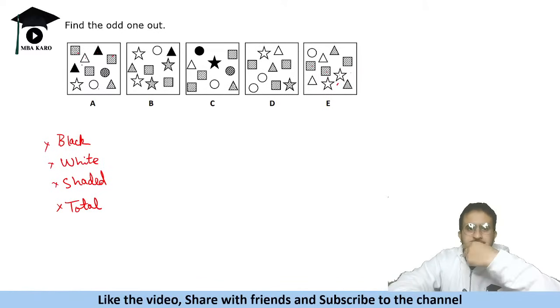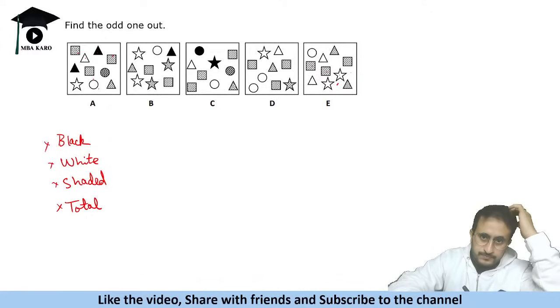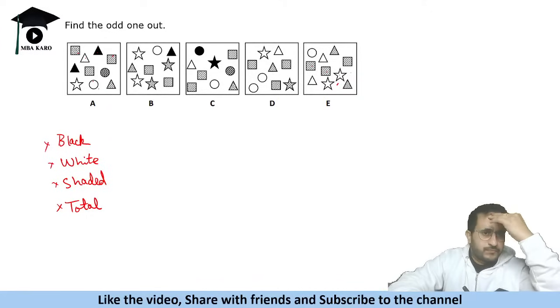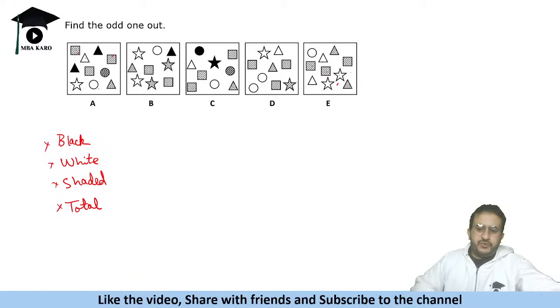Okay. See, now individually it could be multiple things, right? You can say triangle, you can say squares. This way you can count anything. So sometimes the questions would be very tricky.